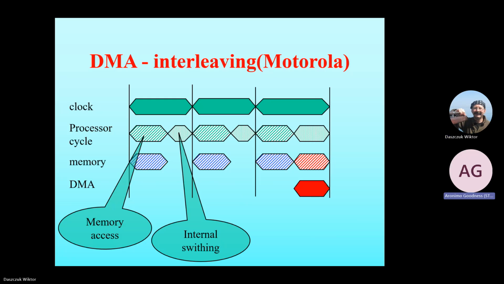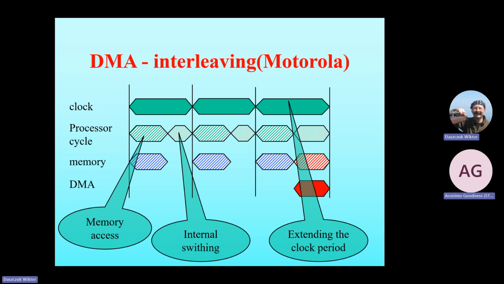When DMA starts, the clocking device knows about that and matches the length of the processor cycle to the time of 2 consecutive memory accesses, one for the processor and one for DMA.